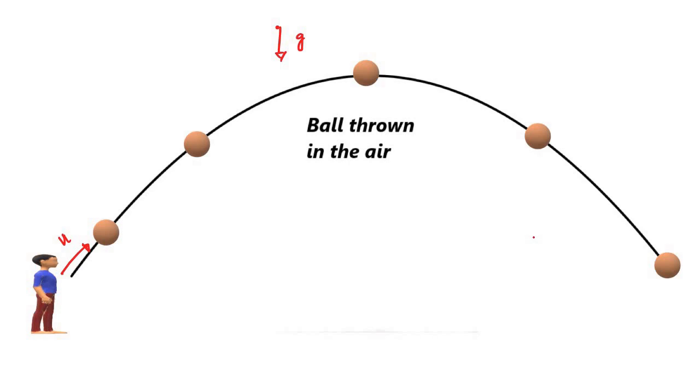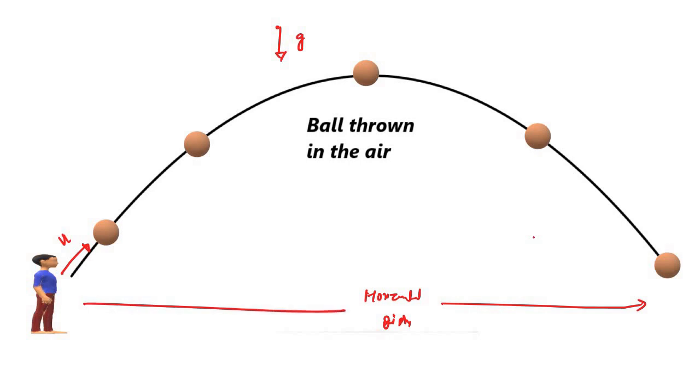So here a lot of things are there which we'll be discussing in the next series of videos. For example, the total horizontal distance covered by the ball, then the maximum height reached by the ball, then the velocity with which it hits the ground.